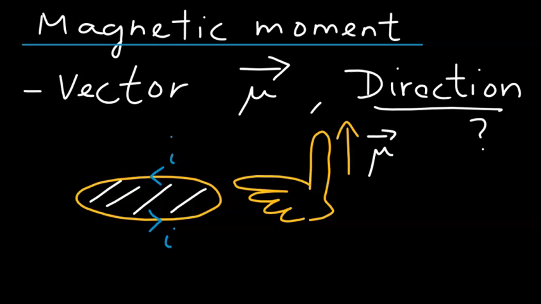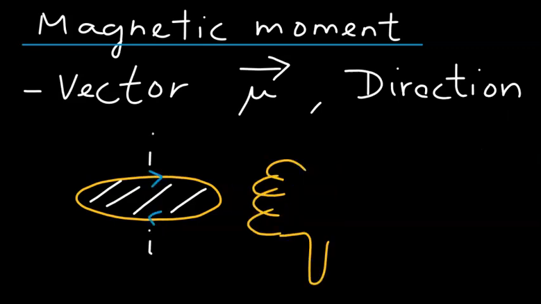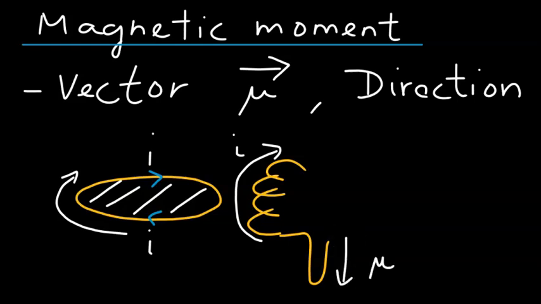So these fingers represent the direction of the current. Likewise, if the direction of the current around the loop is like that, represented by the curl of your right-hand fingers, then your right-hand thumb, which is pointing downward, represents the magnetic moment vector.